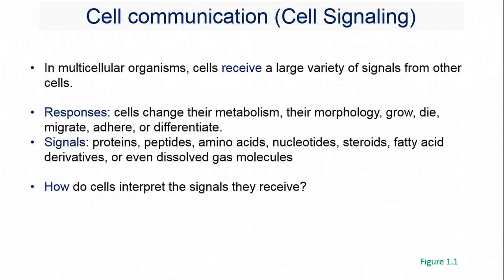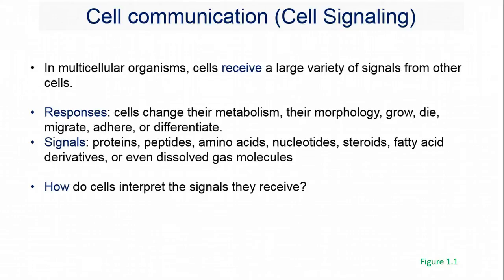So we're talking about cell signaling, which can also be called cell communication. And in multicellular organisms, what we see happening is that cells receive a very large variety of signals from other cells. When they get these signals, they can have several responses, including changing their metabolism, their shape.